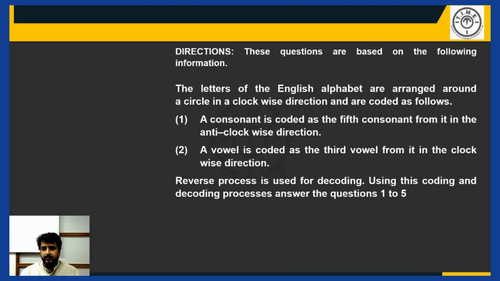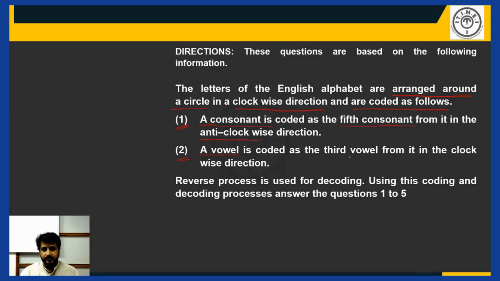The letters of the English alphabet are arranged around a circle in a clockwise direction and are coded as follows. A consonant is coded as the fifth consonant from it in the anti-clockwise direction.